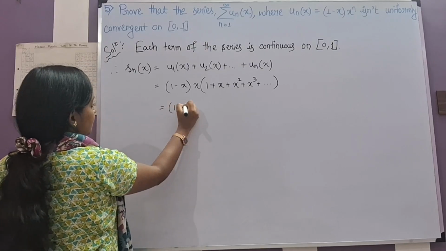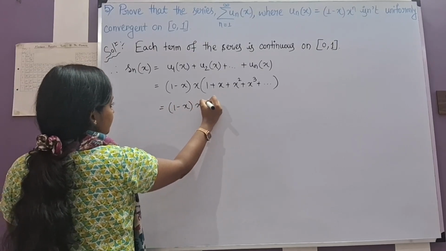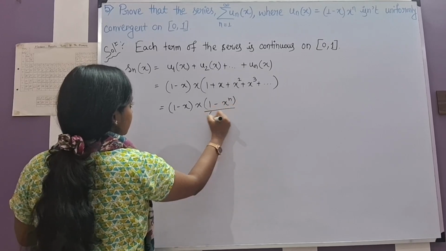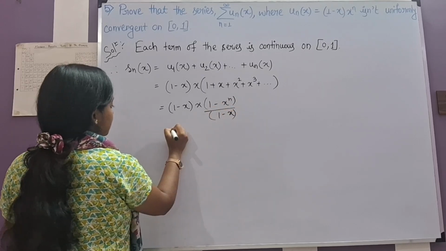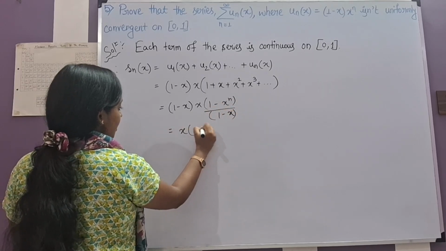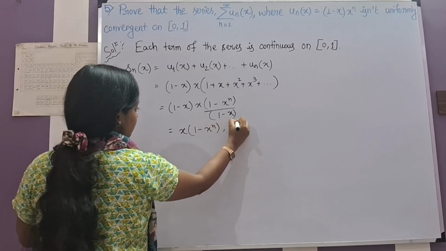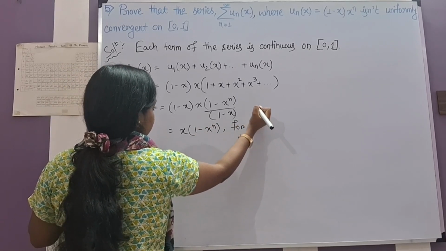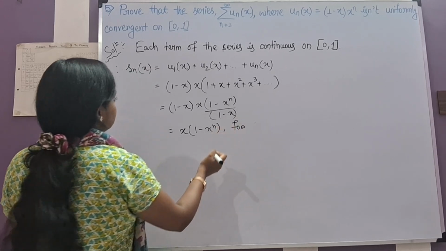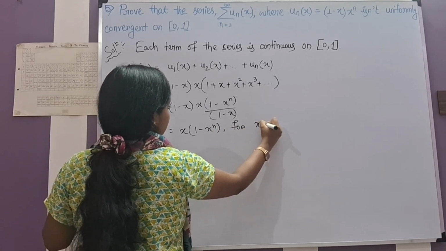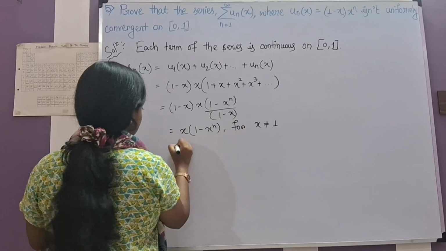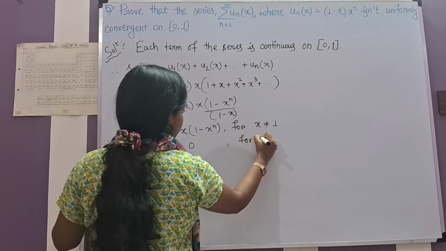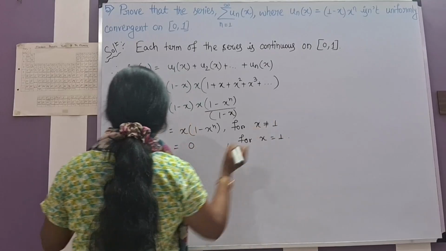So this is equal to (1 minus x) into (1 minus x to the power n) by (1 minus x), equal to x into (1 minus x to the power n) for x not equal to 1, equal to 0 for x equal to 1.